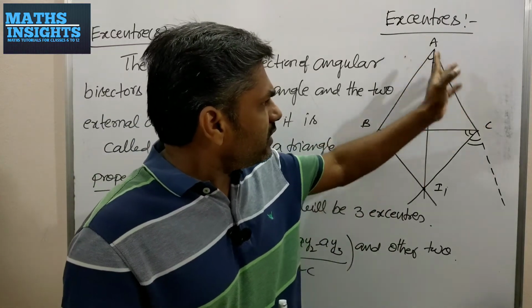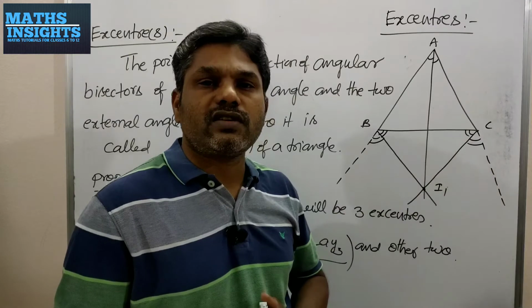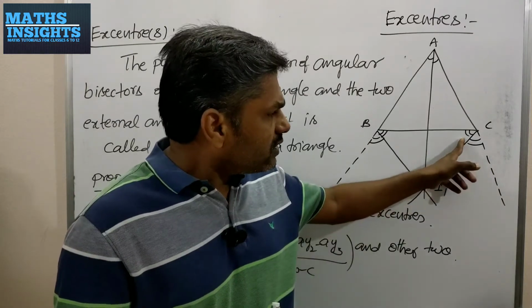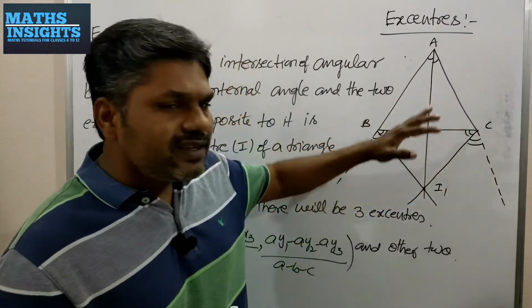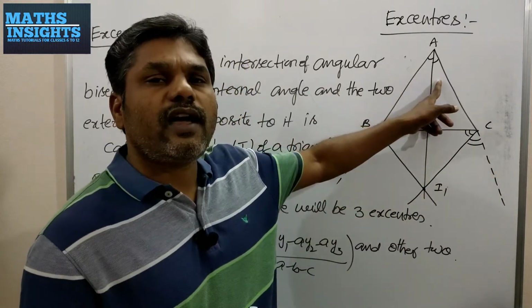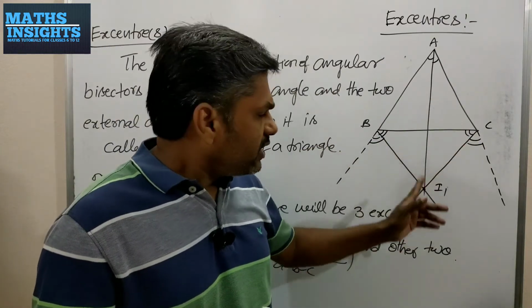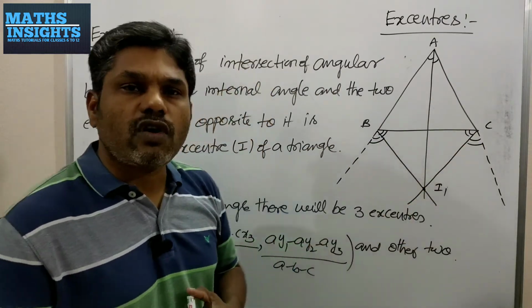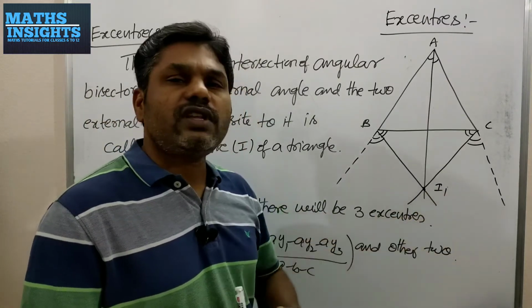And if you extend the side AC like this, you will have another external angle, and for that also I am drawing one angular bisector. And these three, one internal angular bisector and two external angular bisectors, will meet at a point called the excenter of the triangle. I am representing it with I1.